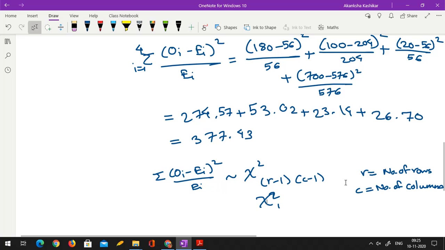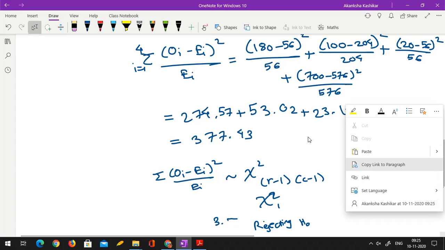And what we are getting is a very large value. Okay. So we are very strongly rejecting the null hypothesis. The value is supposed to be 3 point something and we are getting 377 point something. So we are rejecting null hypothesis very strongly. So we are saying that okay, smoking and lung cancer are associated with each other. Okay.